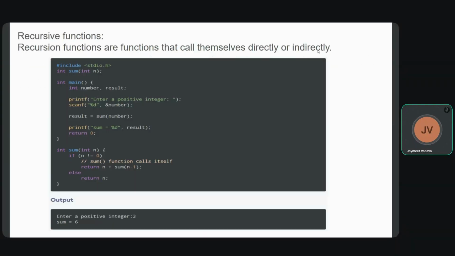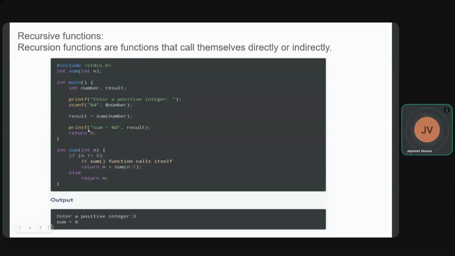Now, let's talk about recursive functions. Recursive functions are functions that call themselves directly or indirectly. This is a snippet from Programiz. You can see a program of a few lines of code, and what it does is sum a number you enter and all the numbers before it.